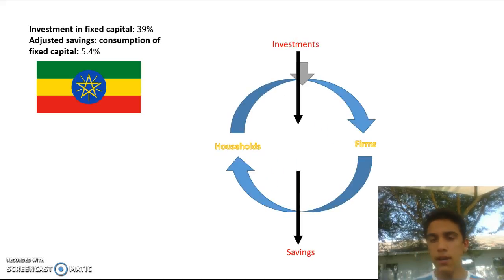So here's the sector where investments and savings are in a four sector circular flow. Investments are injected into the four sector flow and go around this flow, but they don't stay there because this is a model. They actually leak out. Households save their money, and that's where it leaks out.